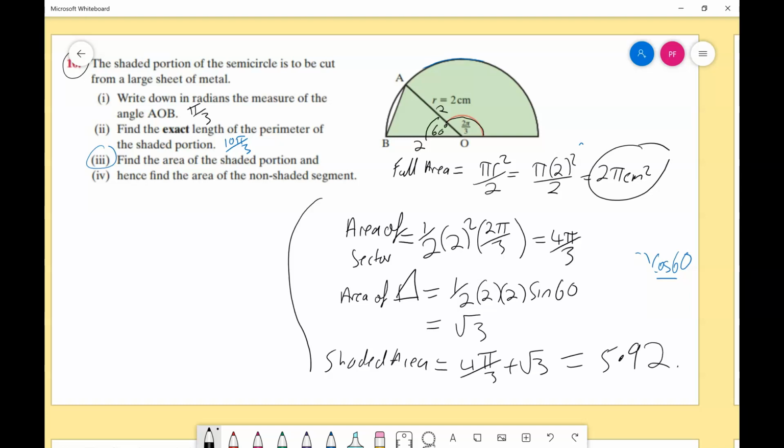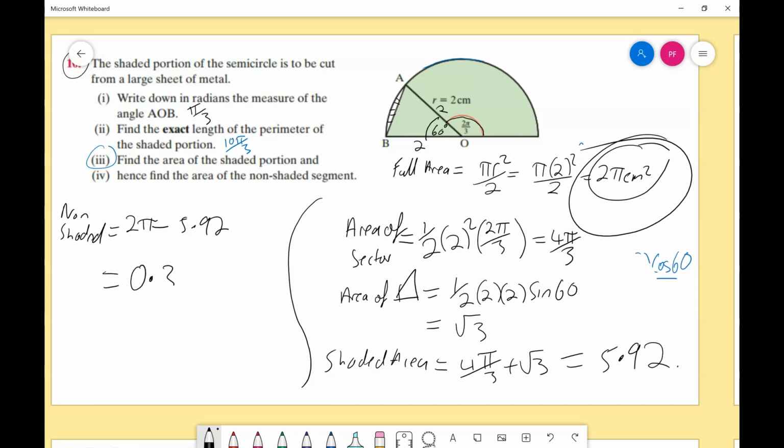And then if I want to find the area of the non-shaded section, this tiny little bit here, I'll just take it away from my full area. So non-shaded is 2 pi minus 5.92. That'll be somewhere in the region of 0.36 centimeters squared.